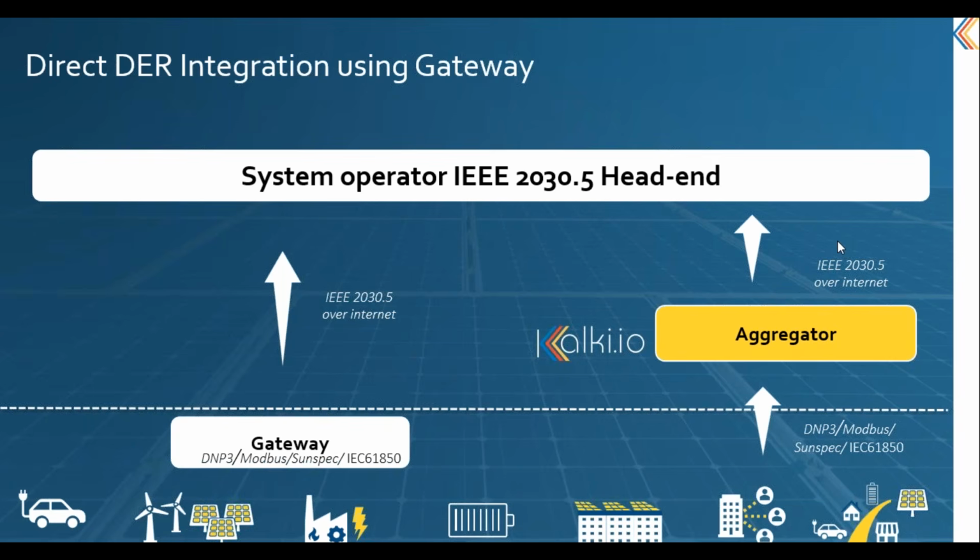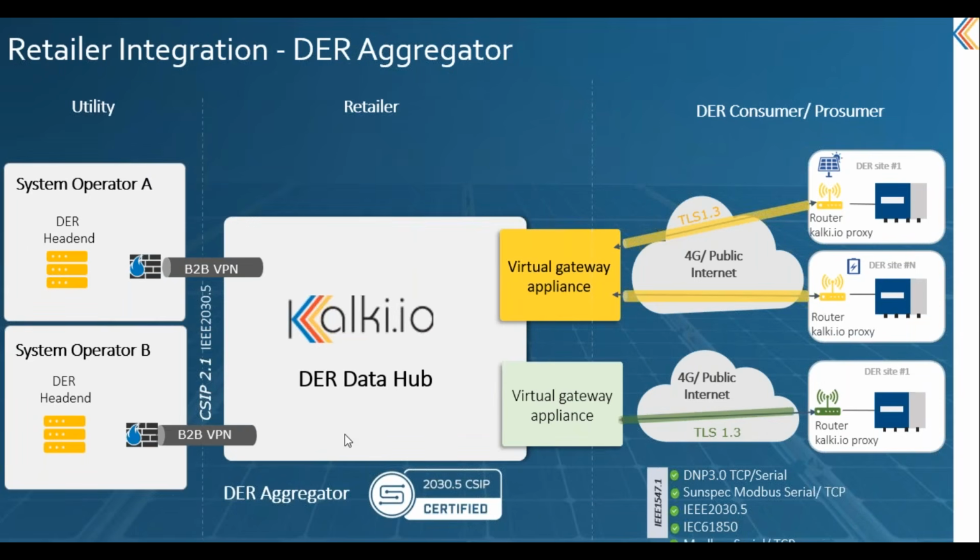Let's look at the solution details here. So here you can see that there are three stakeholders: utilities, retailers, and DR consumers or prosumers, and there could be multiple types of DR customers. Customers having multiple sites are connected to the DR data hub, the DR aggregator, through the customer's VPN, and this customer VPN will be isolated through a virtual gateway appliance.